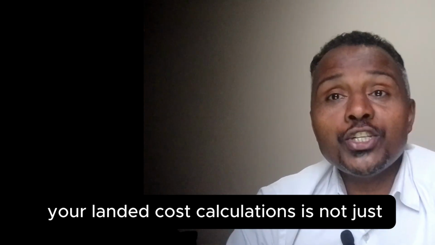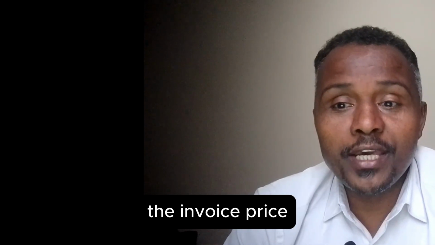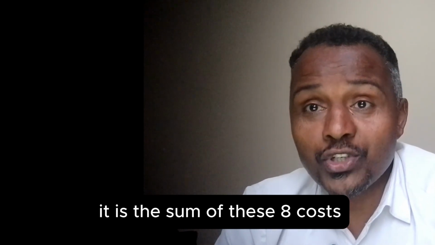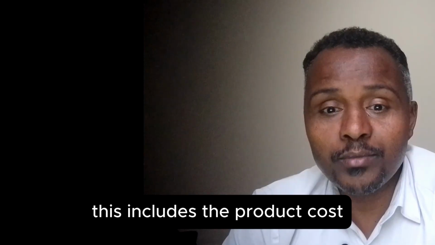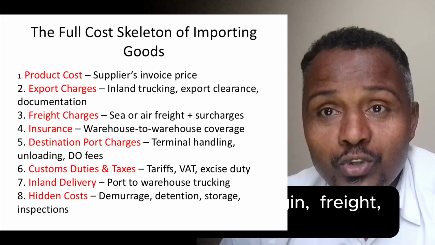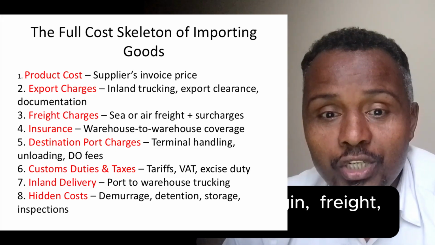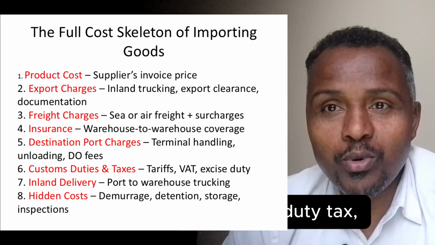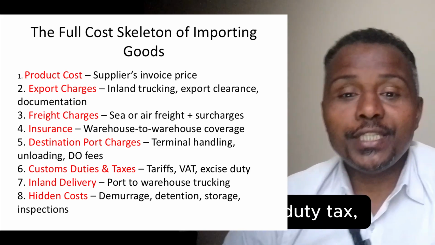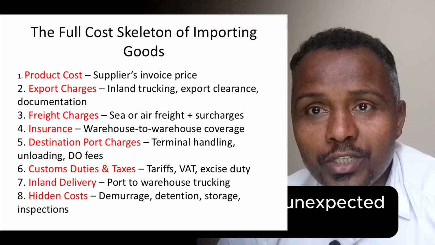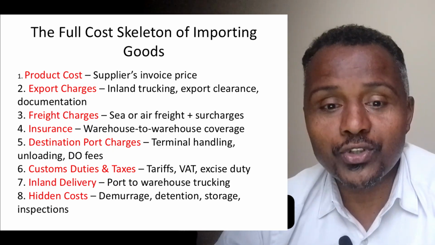In summary, your landed cost calculation is not just the invoice price, it is the sum of these 8 costs. This includes the product cost, which is the pro forma invoice value, the export charge at the origin, freight, insurance, destination port charge, duty and tax, inland delivery, and also the unexpected or hidden costs.